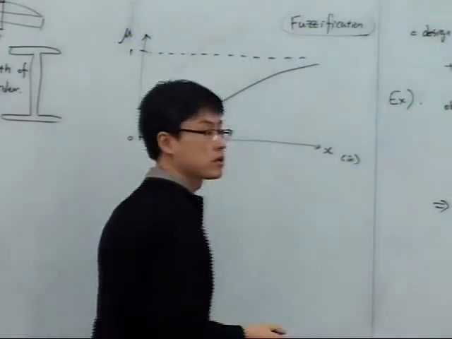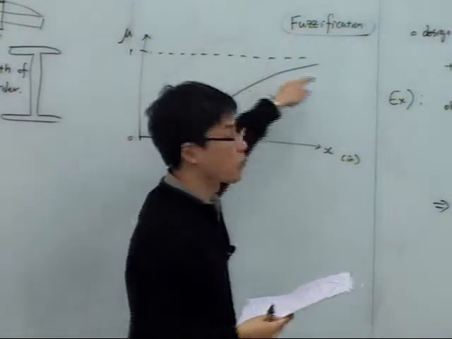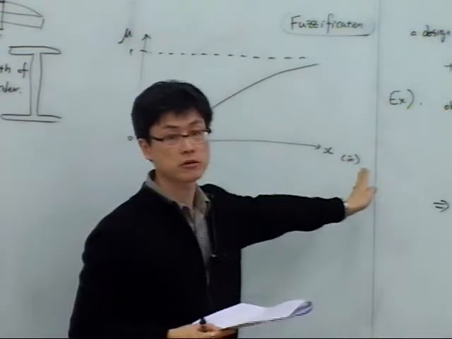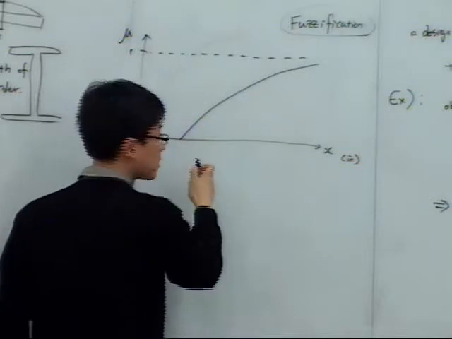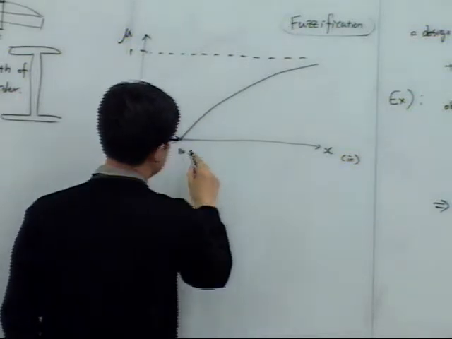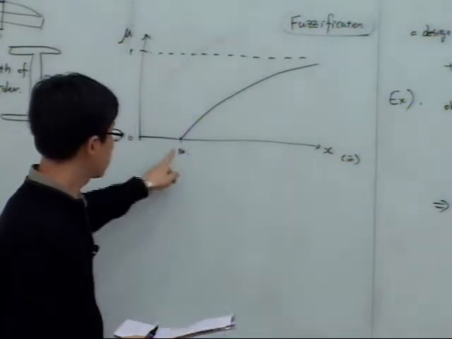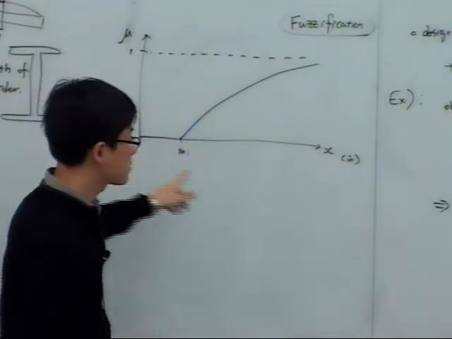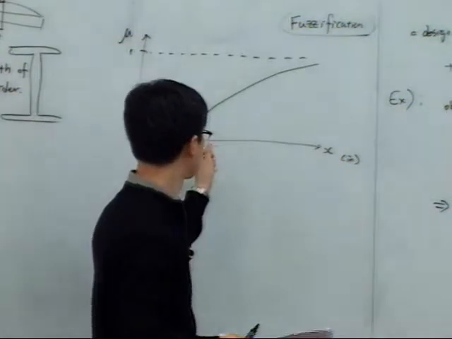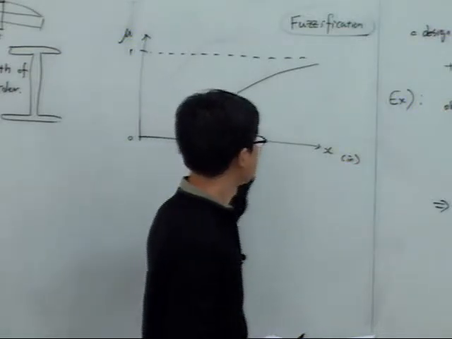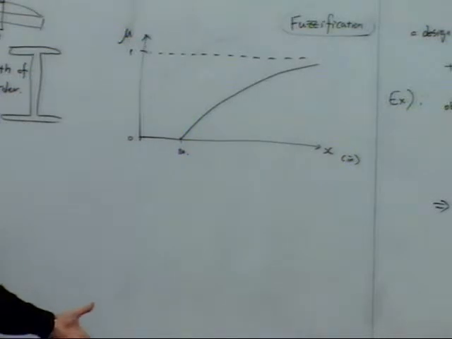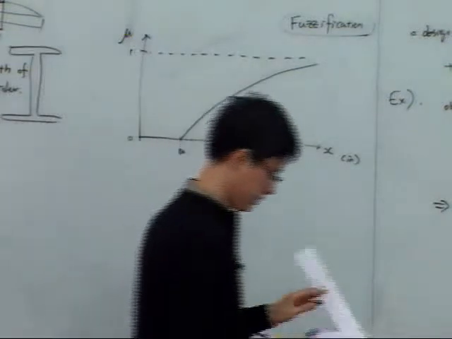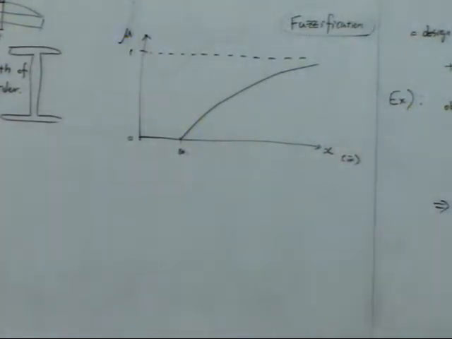It will approach asymptotically to 1 as x becomes larger and larger. This point is 80. If it's less than 80, everything is 0. But if it's greater than or equal to 80, your membership function value will be like that. Okay? It's my fuzzy design of objective function.